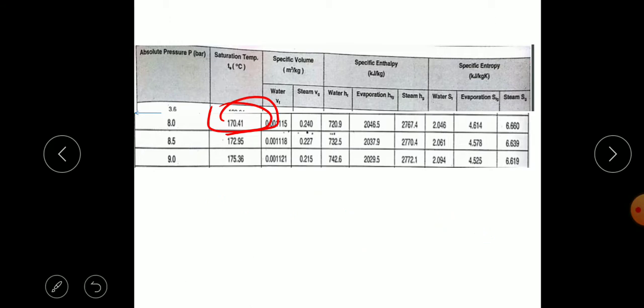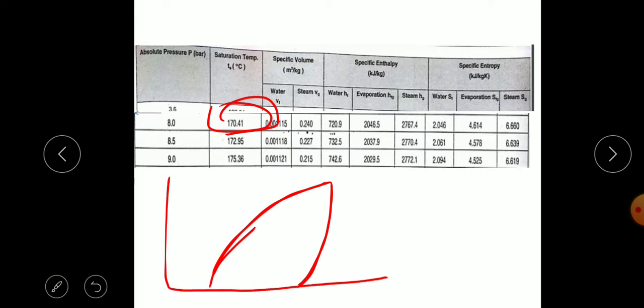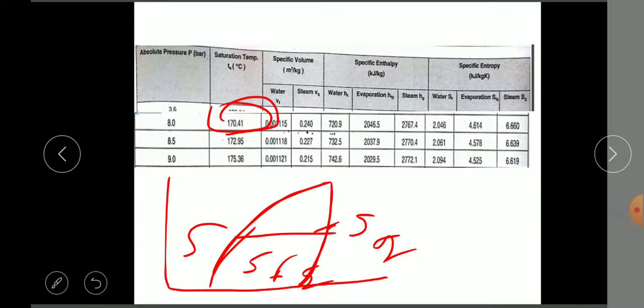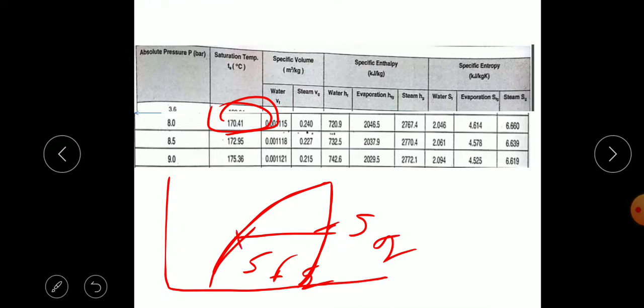we can consider this is the dome, this is the liquid line, this is the vapor line on this curve. Now we have been given saturation 9 bar, meaning the point is here. So this will be the Sg. In this region is the Sfg, and at this point is the Sf.